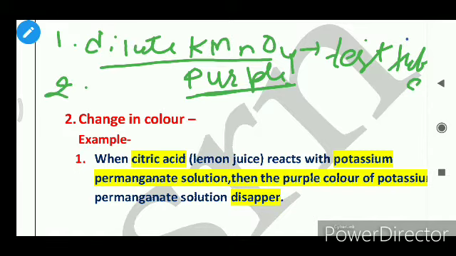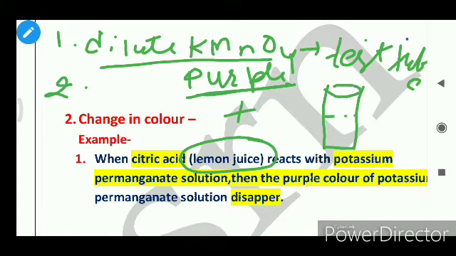Number 2, add lemon juice, meaning citric acid, to the dilute potassium permanganate dropwise with the help of a dropper and shake the test tube well.